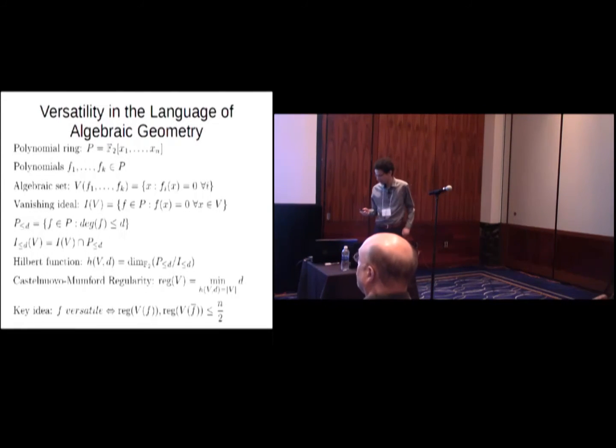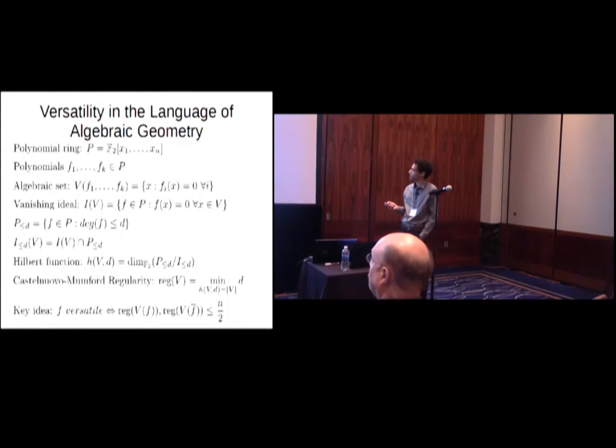I'll say a few words about versatility, since that's certainly the key concept, just to define the main idea. So letting P be the polynomial ring, this is simply the collection of all polynomials in n indeterminates over specifically the field F2.